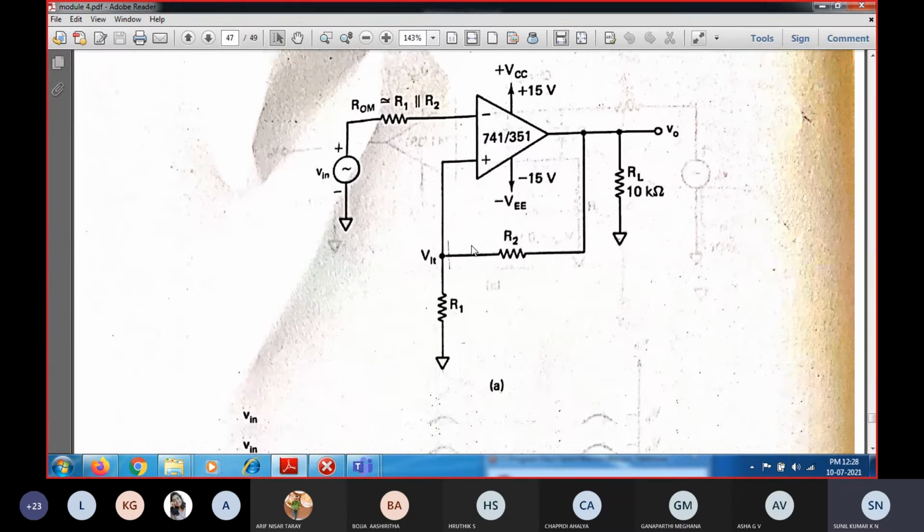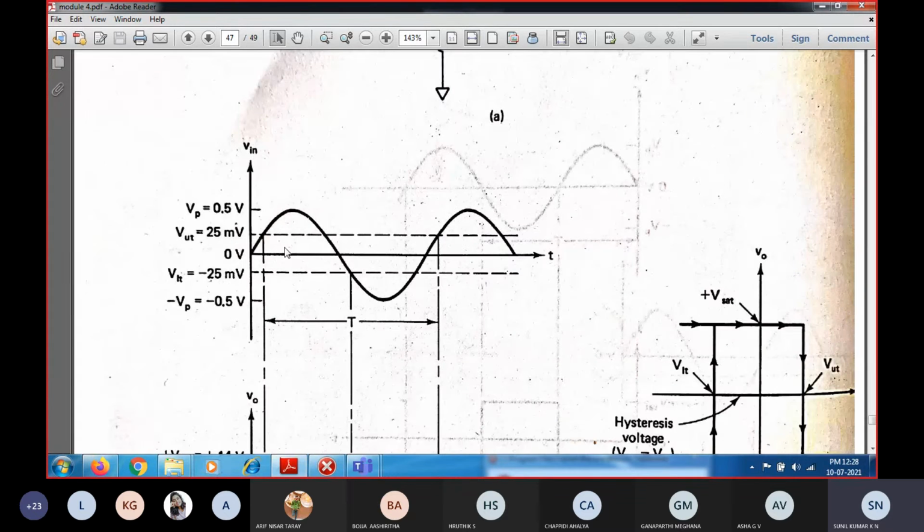Whenever it increases, it will switch to the negative saturation. The inverting terminal input is greater than the non-inverting terminal, and it will be in the negative saturation until the inverting input exceeds the non-inverting terminal in the negative way.